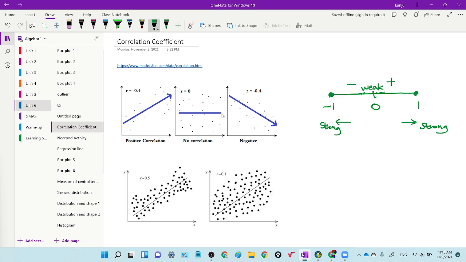Make sense? Okay, but if I have R as 0.9, that will be really, really stronger, and all the scatter plots form a very straight trend. So that is the number R. R stands for correlation coefficient.